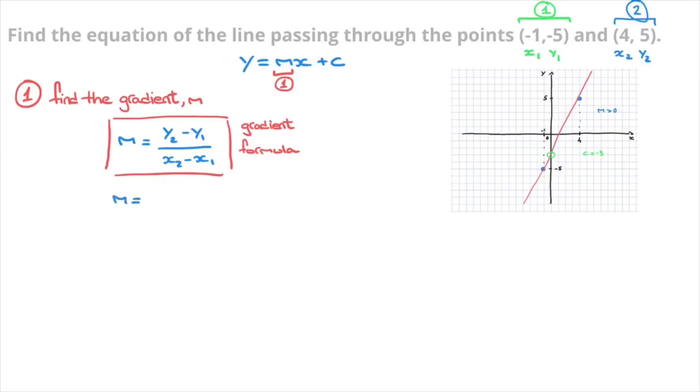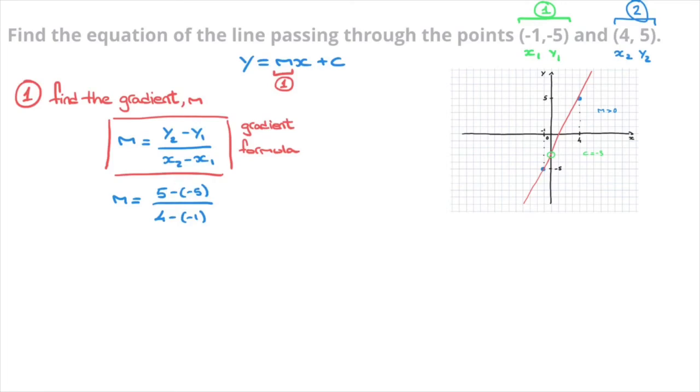m equals y2 minus y1, so that's 5 minus -5, over x2 minus x1, so that's 4 minus -1. We now calculate. Now keep in mind that when we subtract a negative, it turns into an addition.